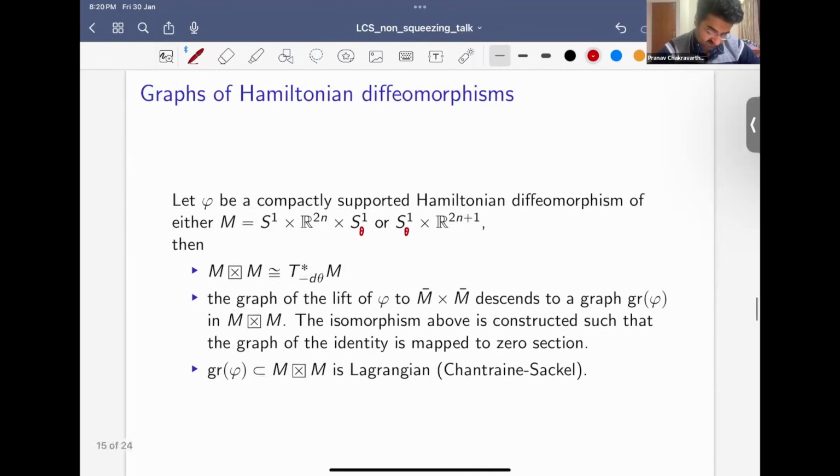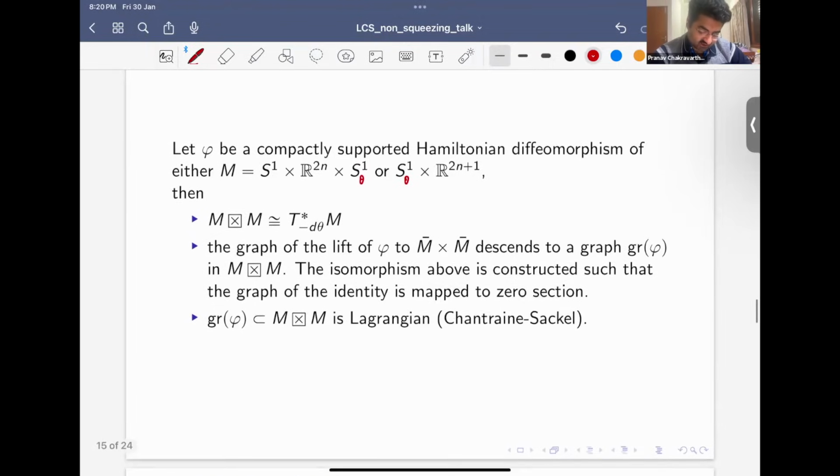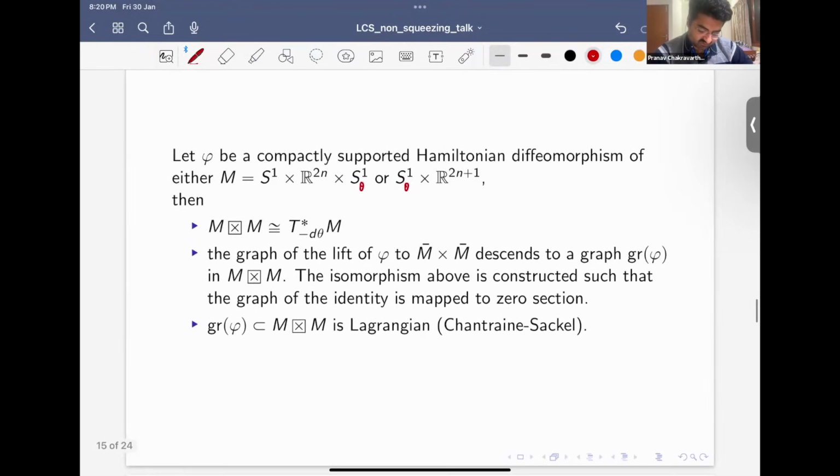So the graph of a diffeomorphism, for any diffeomorphism, not just C0 close to the identity, can be thought of as an exact Lagrangian inside the twisted cotangent bundle, and therefore it has a generating function quadratic at infinity as before.